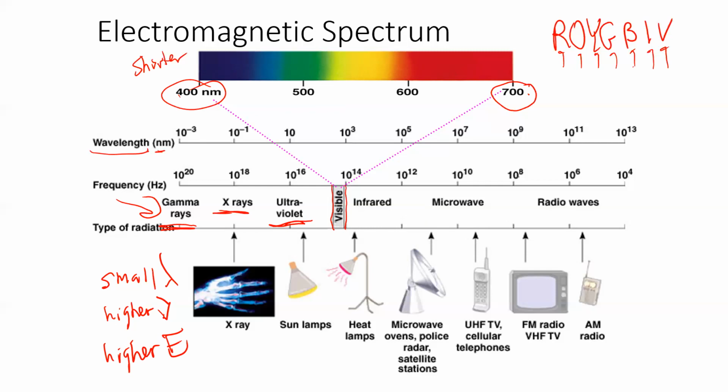Now, if I go on the other side of the visible spectrum and look at what's on the other side of red, it's longer wavelength and we have infrared. Infrared you can think of in terms of thermal energy. Night vision goggles detect things that emit infrared in the form of thermal energy.